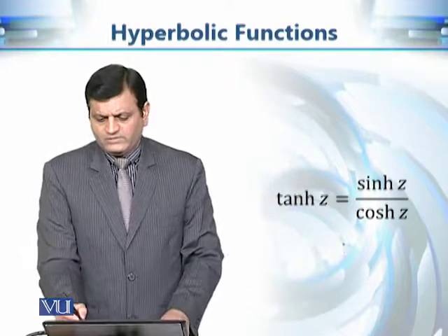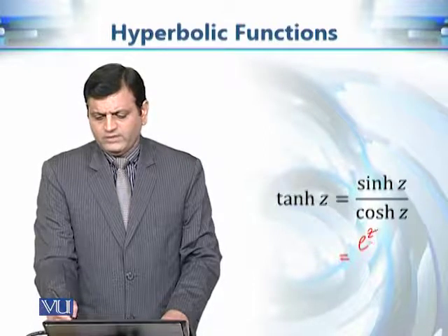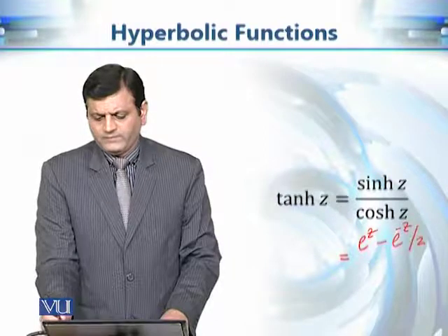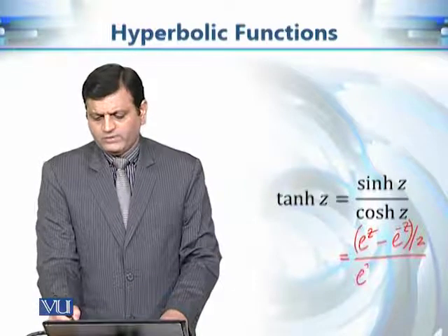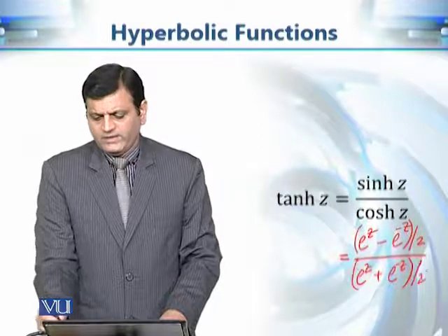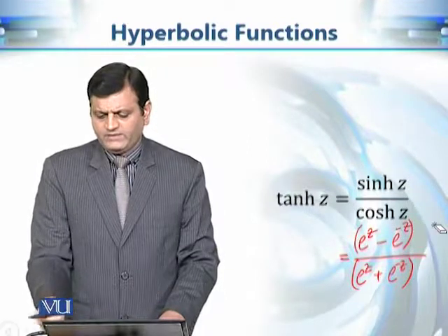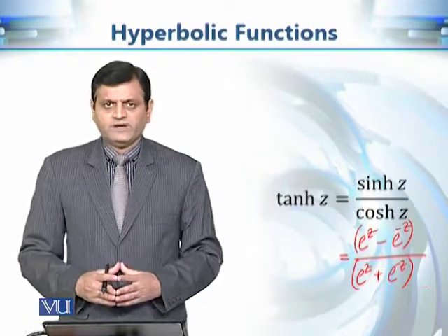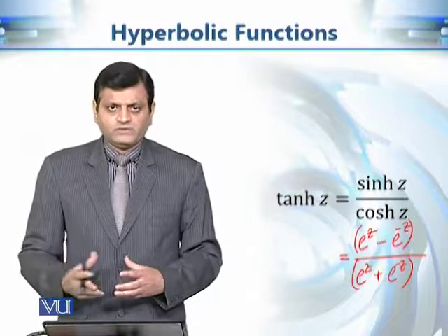Since sinh z is equal to e^z minus e^(-z) divided by 2, and similarly cosh z is equal to e^z plus e^(-z) divided by 2, the 2 and 2 will cancel out, and what you will get at the end is e^z minus e^(-z) over e^z plus e^(-z). That's the definition of tanh z that involves the exponential function.